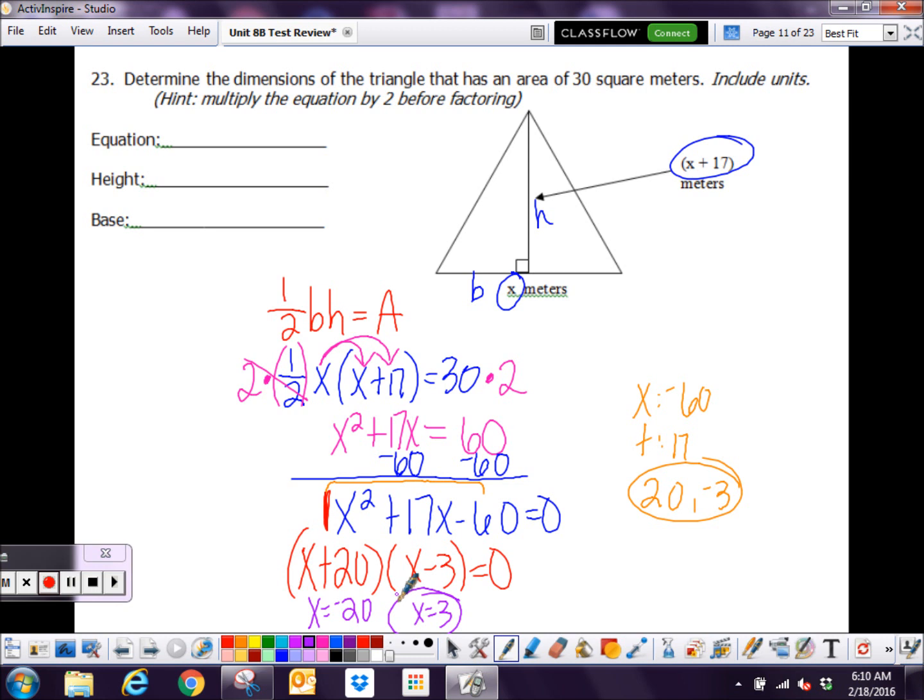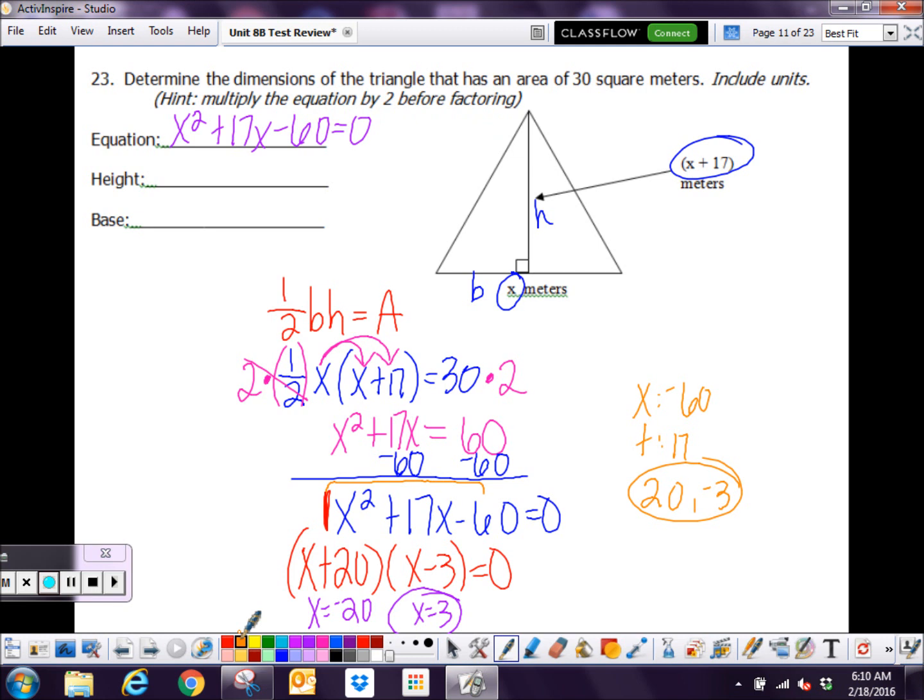So up here, my equation, I don't know what it exactly says for equation. I'm just going to say what it was after we got it all moved to the same side, which was x squared plus 17x minus 60 equal to 0.